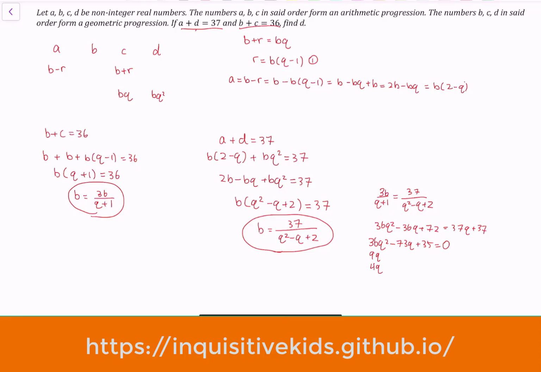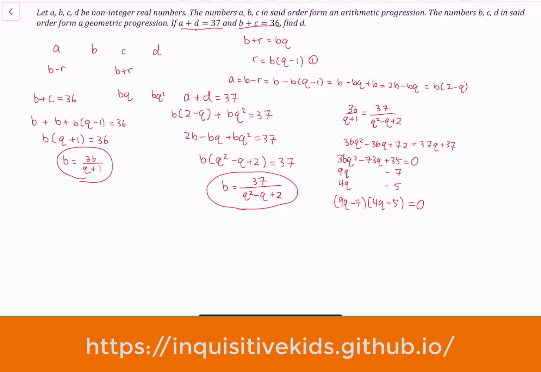And we know that the second term of each binomial must be negative. If we put in 7 and 5, it will work here. So this can be factored to be (9q minus 7) times (4q minus 5) is equal to 0. So now we have two possible solutions for q. Q can either be 5/4 or 7/9.